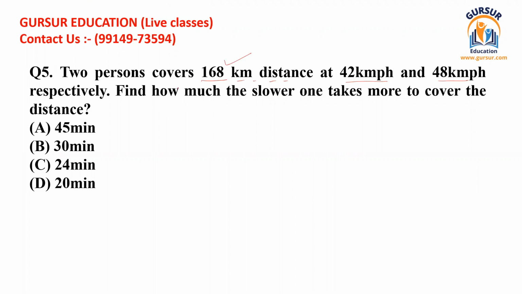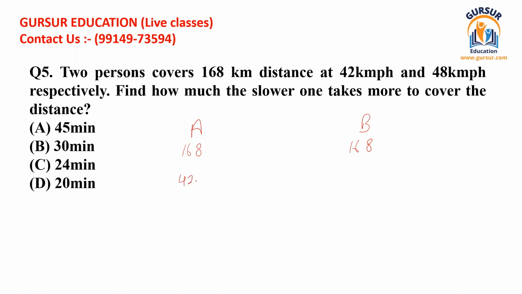That means there are 2 different persons, and we can take these like A and B, and both are covering 168 kilometers of distance, and they are having different speeds.